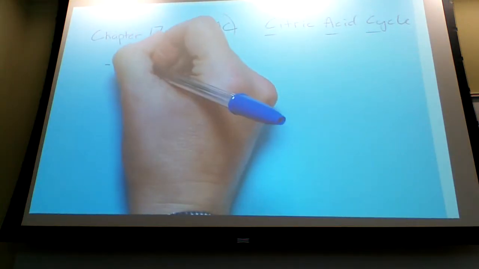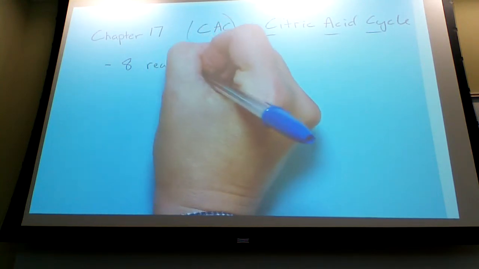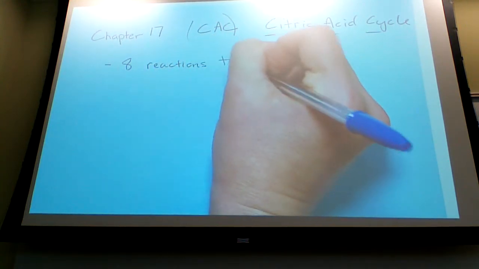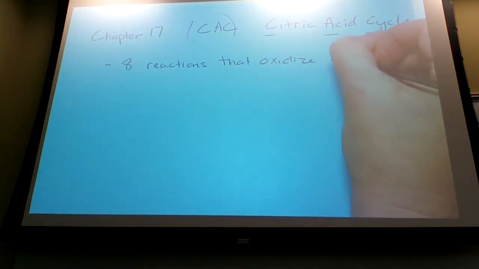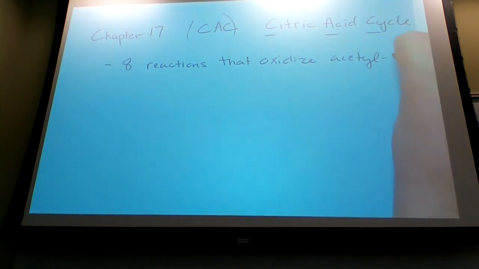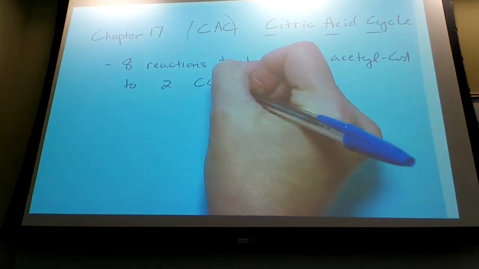This is 8 more reactions that are going to oxidize acetyl coenzyme A to 2 carbon dioxides.